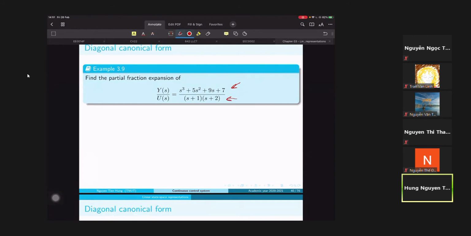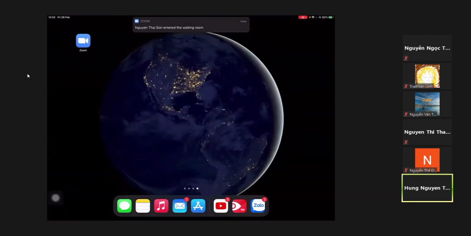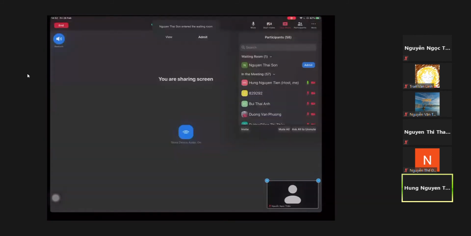So how can we do that? How can we represent it as a polynomial of s, as before, and find C1 and C2 for this case? You will consider this after the break. Now I take a break.